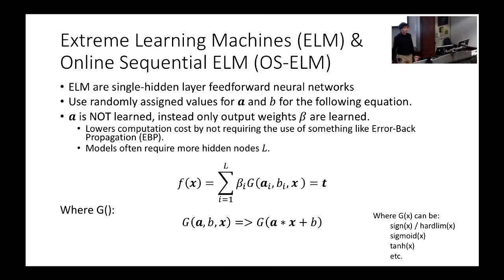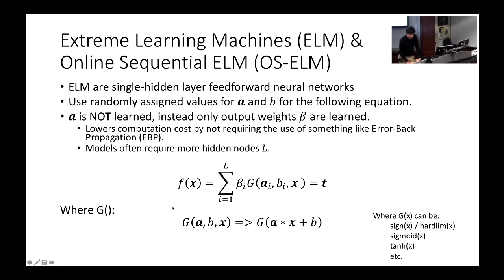So what is an extreme learning machine? An extreme learning machine is a single hidden layer feed-forward network. If you imagine an artificial neural network, that's what an extreme learning machine is. It's the same exact thing. There are small differences in how you train, but they're similar to whatever you would think of as a neural network.